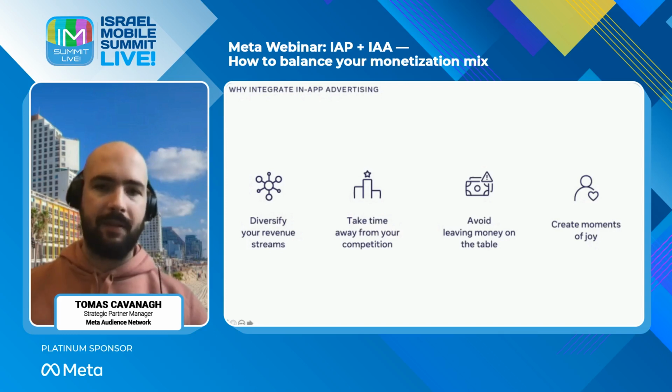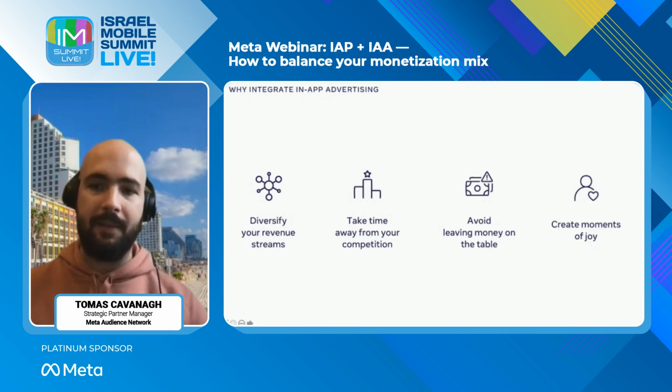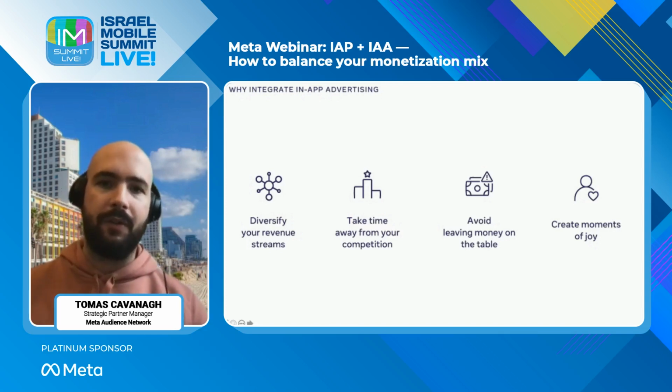Then time spent. We've seen evidence from several studies that in-app advertising can lead to an increase in time spent in your game. Then seize the opportunity. Only a small percentage of users are paying, and you can avoid IAP cannibalization when ads are integrated correctly. And then enhance player experience. Research shows that RV is a way to improve the experience and can lead to moments of joy also for the user.